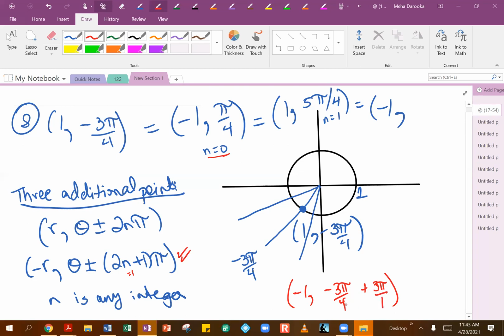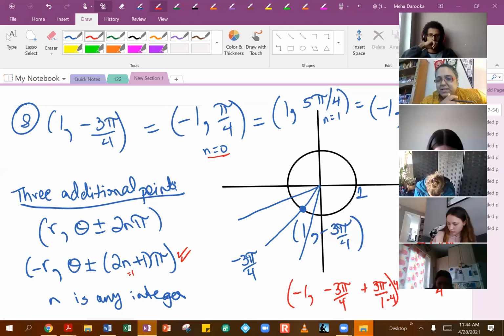So since you have 4 as your denominator, we end up multiplying 3 pi by 4. 4 times 3 is going to be 12, so you do 12 pi over 4. So 12 minus 3 is actually going to be 9 pi over 4. Shu, do you see that? Yeah. So you just have to be a little bit careful.